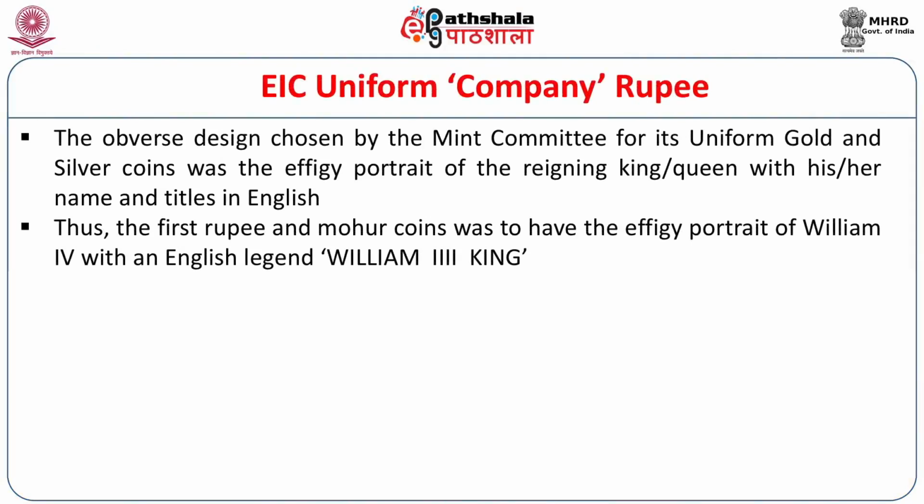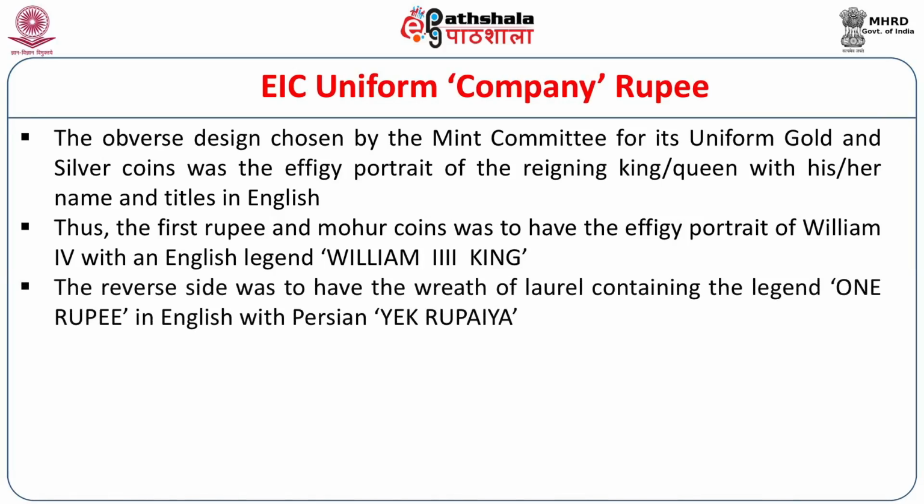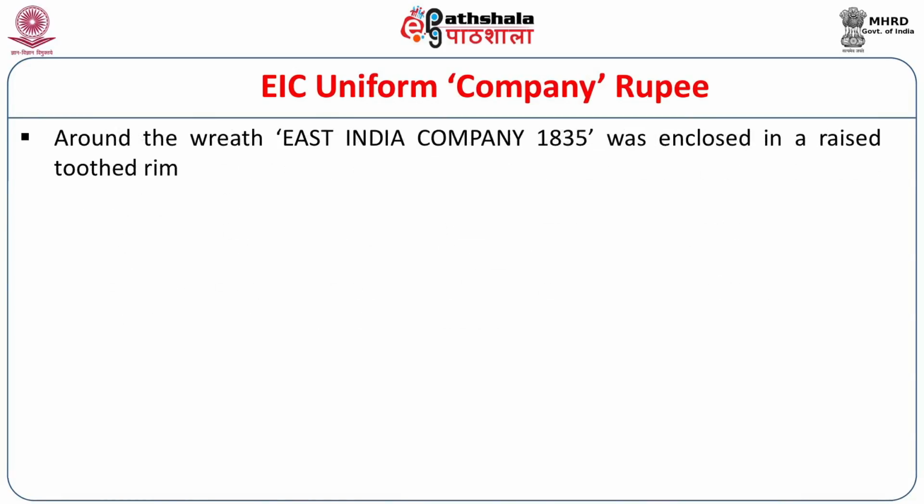The first rupee and mohur coins thus had the English legend William IV, King. The reverse side was to have a wreath of laurel containing the legend 1 rupee in English and Persian, Yek Rupaiya. Around the wreath, East India Company 1835 was enclosed in a highly secure new feature called the raised toothed rim.